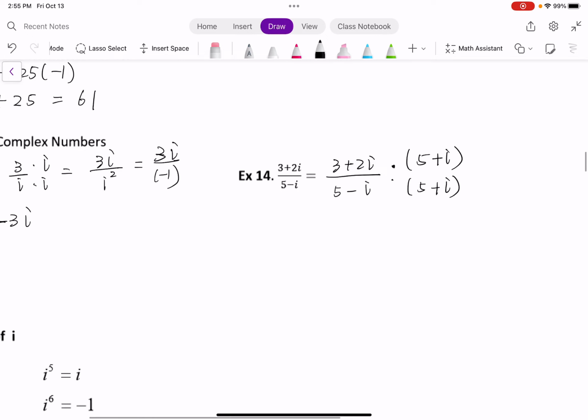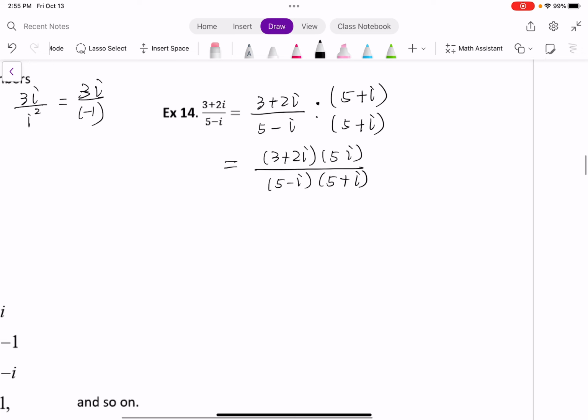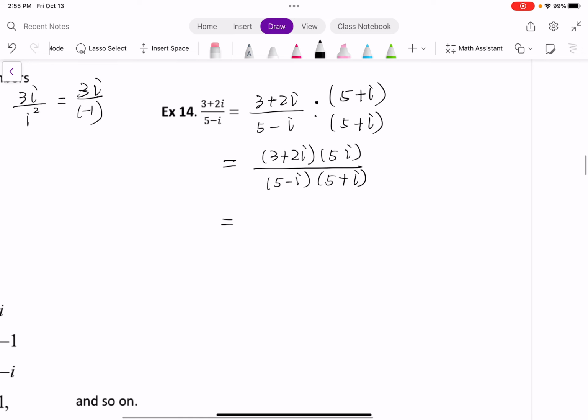Let's do the multiplication. The top is 3 plus 2i times 5 plus i. The bottom is 5 minus i times 5 plus i. And the bottom is the conjugate formula: a squared minus b squared, which is 5 squared minus i squared.